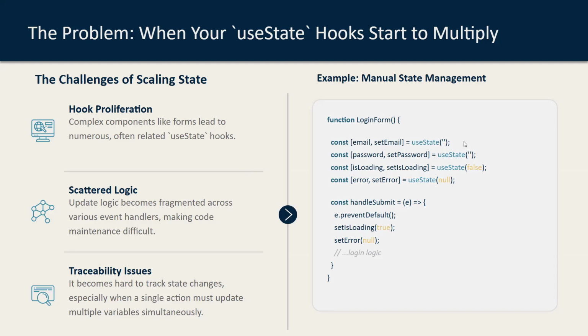You would usually start with one or maybe two useState hooks, but over time that can grow into several related pieces of state tied to the same feature. The issue with that is typically known as hook proliferation.